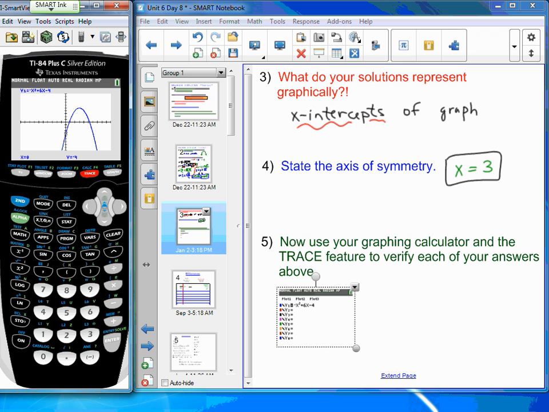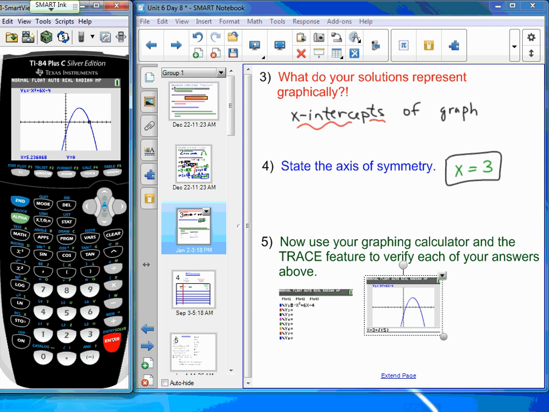One x-intercept I thought was 3 plus root 5. So I'm going to do 3 plus root 5. I'm going to enter that in my calculator and press enter. And then voila! It jumps on the graph at a decimal that's about 5.236 and pairs it with the corresponding y value of 0. That's an indication that I have correctly found the x-intercept of the graph.